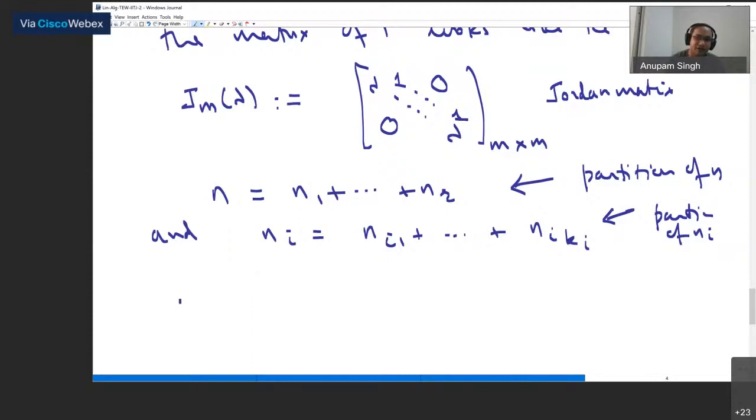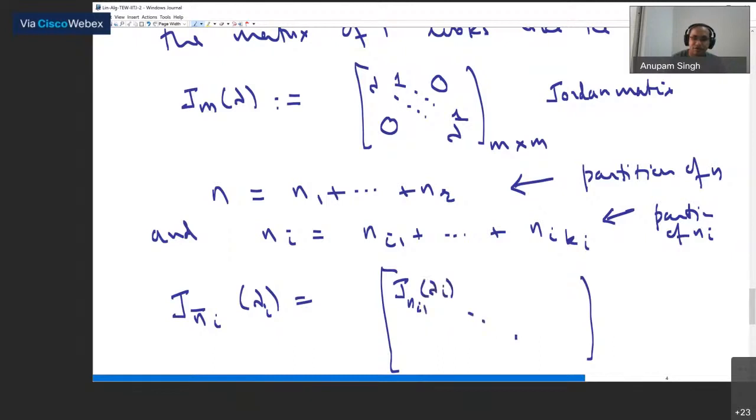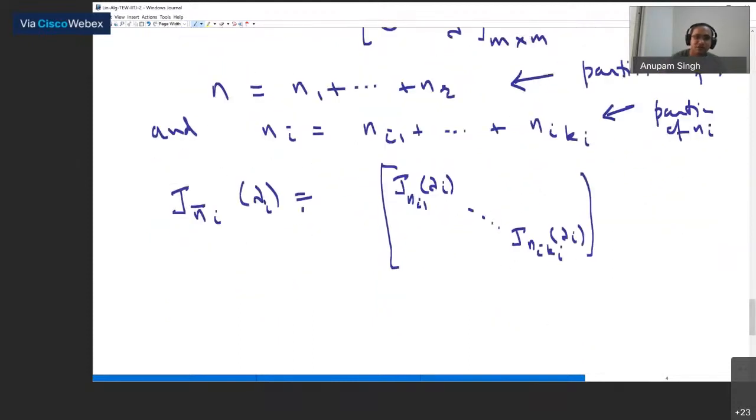Then we can write J ni bar lambda i, and this will be consisting of the Jordan matrices J ni1 lambda i and so on, J ni ki lambda i. This is again a notation only.